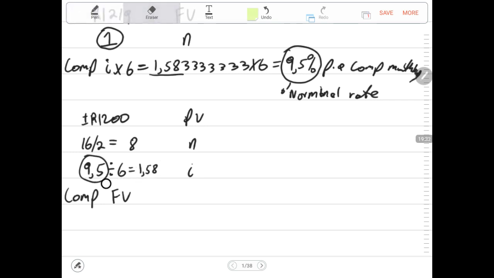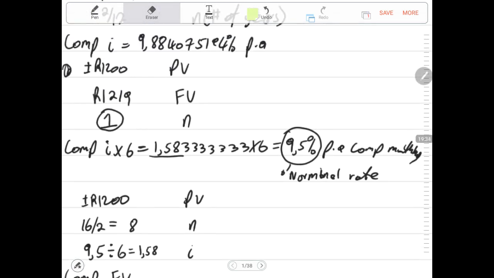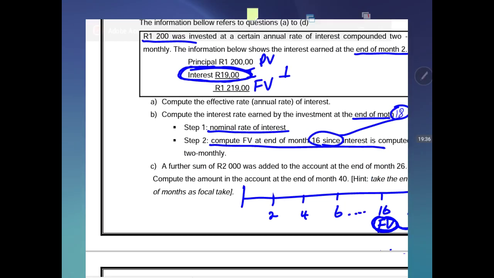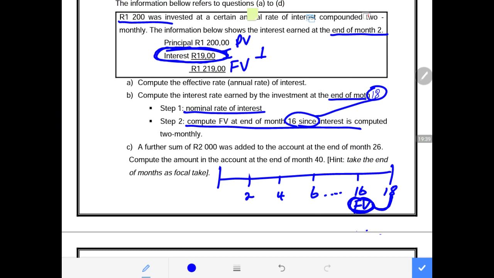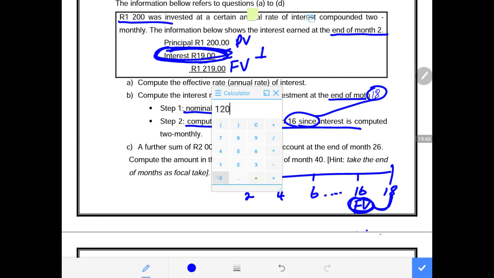Now if we wanted to verify, I want to go back again to give you more clarity. If we wanted to verify this 19 rand, we could verify it by saying 1,200. Because of the decimal, it will not be exactly 19.